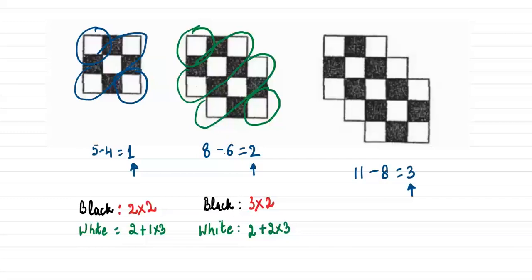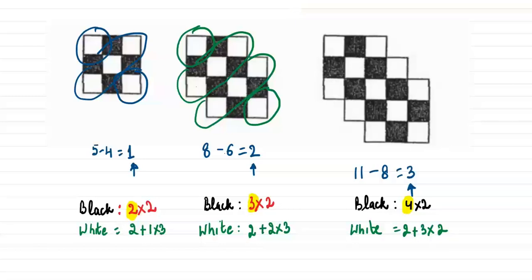Now let's check the next one. Here we can see that the black are 4 groups of 2 and the white are 2 plus 3 groups of 3. Now notice that for the first figure it's 2 groups of 2. In the second figure it's 3 groups of 2. And in the third figure it's 4 groups of 2.